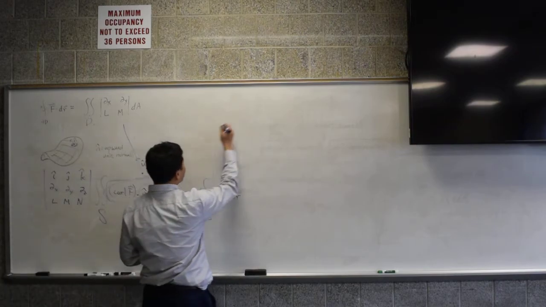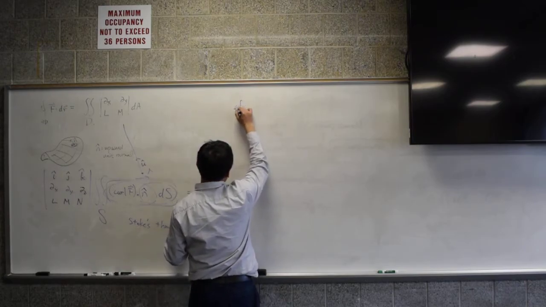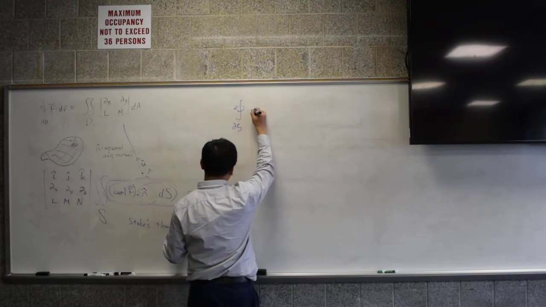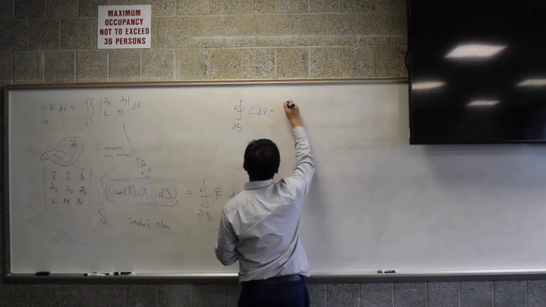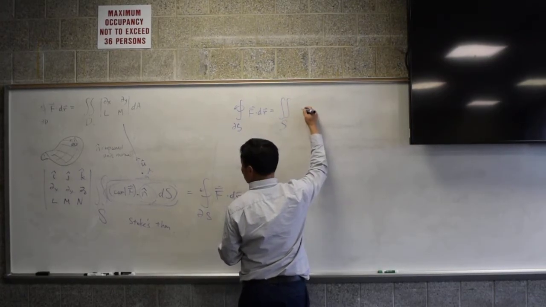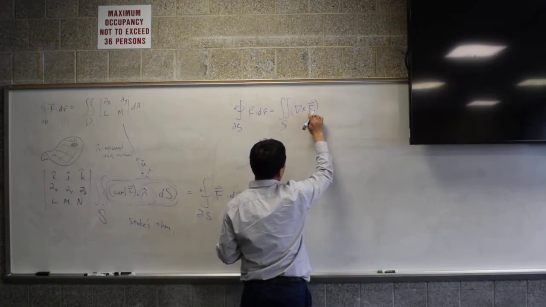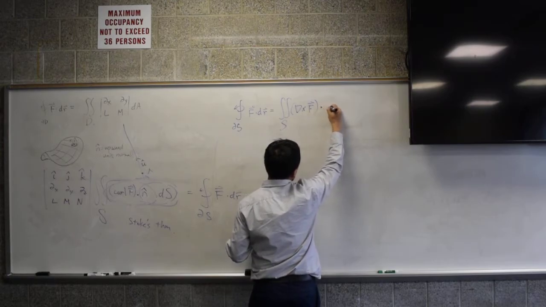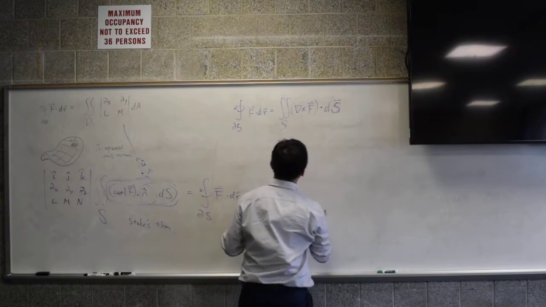So often the form of the Stokes theorem that you're going to see is: going around the boundary, F dot dr, is equal to the integral over the surface of the curl, which is usually calculated as nabla cross F, dotted with ds vector. This is capital S. Okay?